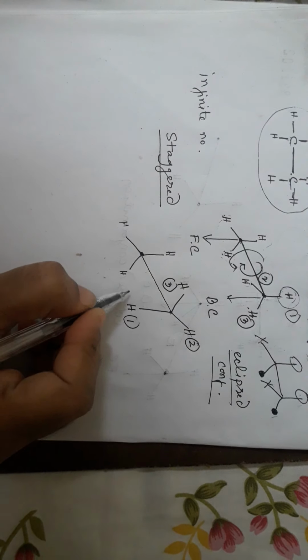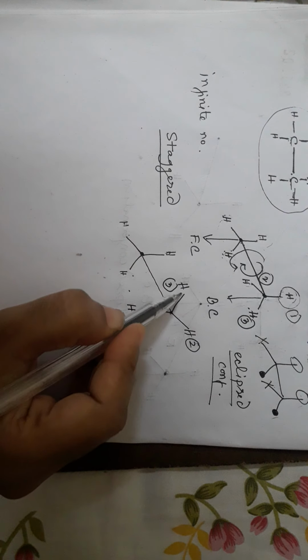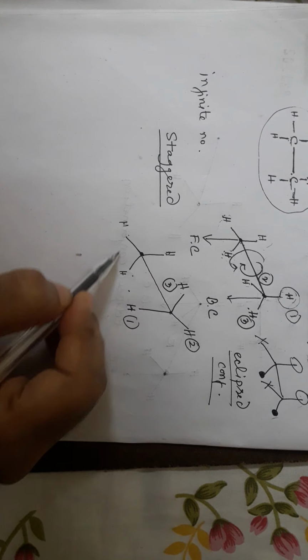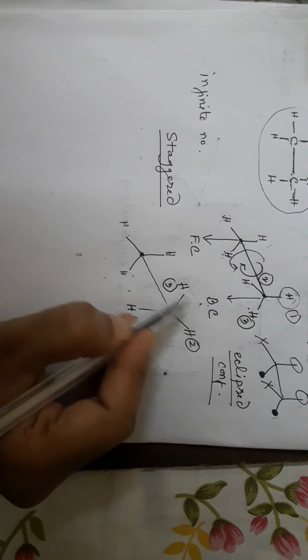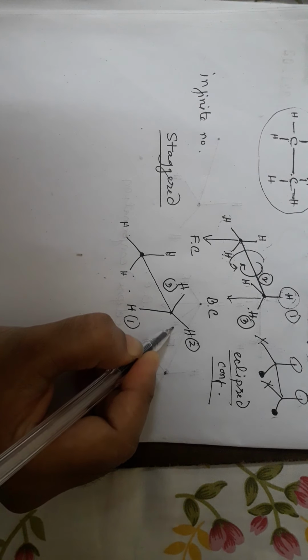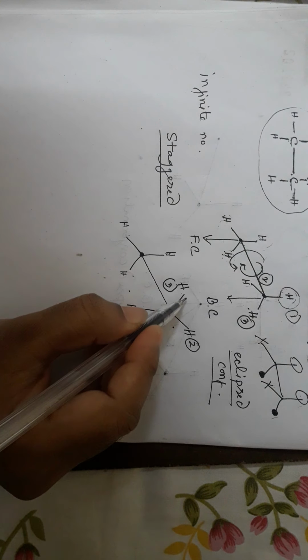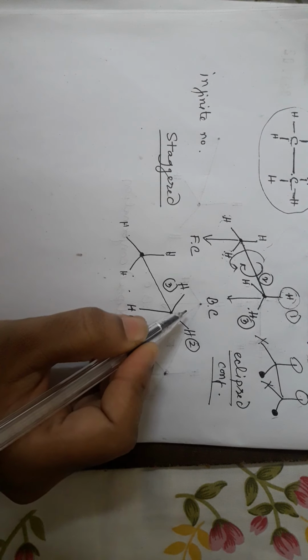But in case of staggered conformation, the groups linked with the first carbon and the groups linked with the second carbon, front carbon and back carbon, are oriented as far away from each other as possible.